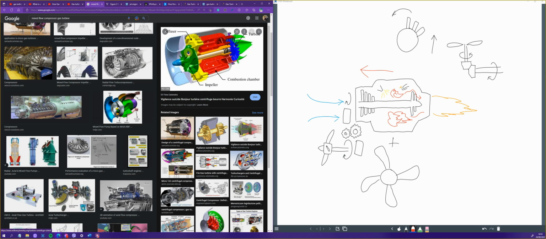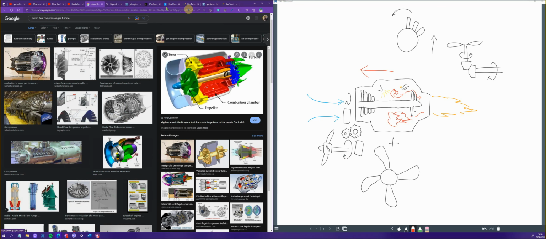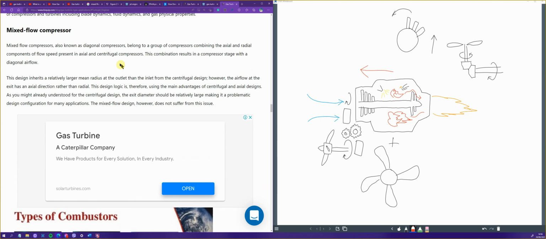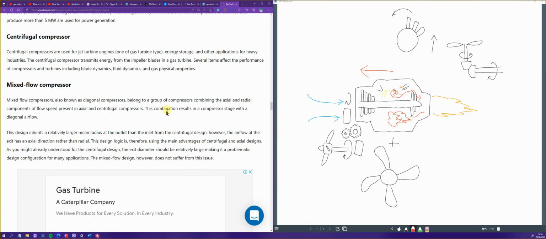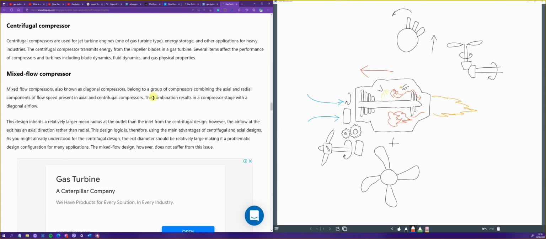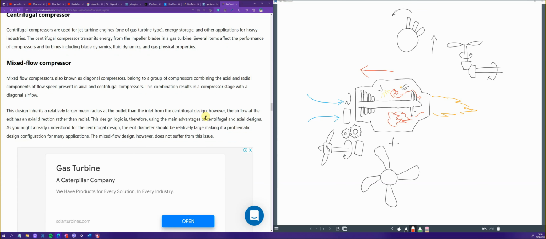Pag maghanap tayo ng exploded view, susunod. Pero ito, yan. So, ito yung mixed flow mo is a combination of your axial and your centrifugal. It's going to get the best of both worlds, pero konti lang ang magiging problema niya.